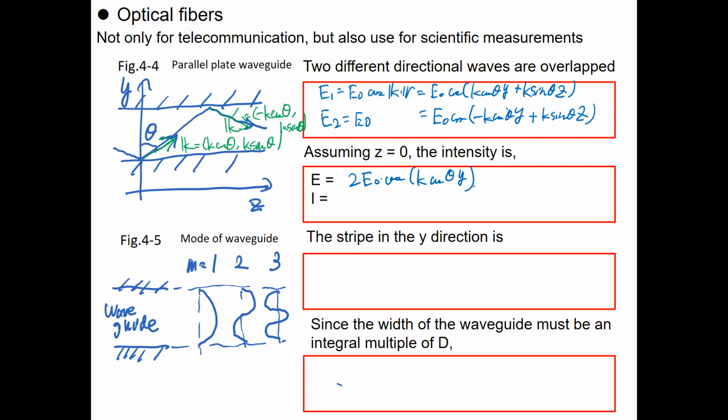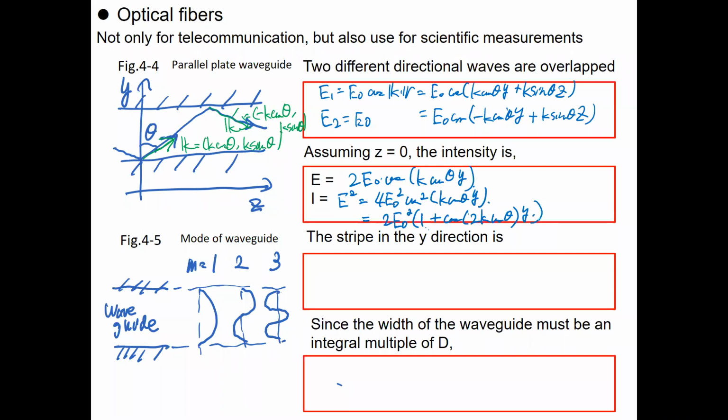When we think about the light intensity, which is E squared, it can be written like 4E0 squared cosine squared of k cosine theta y, which equals 1 plus cosine twice of this k cosine theta y, up to a constant.